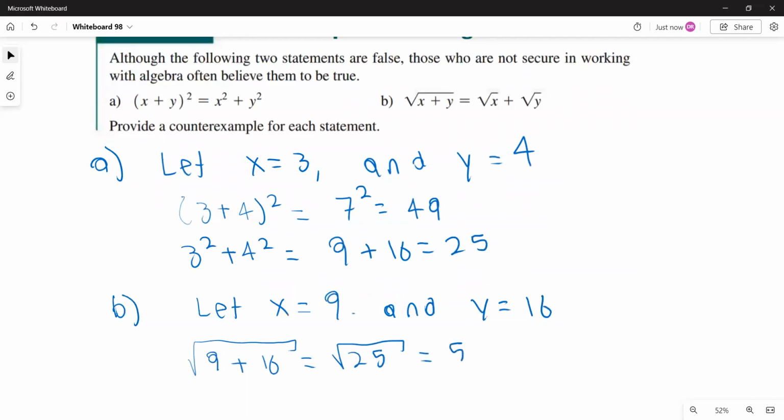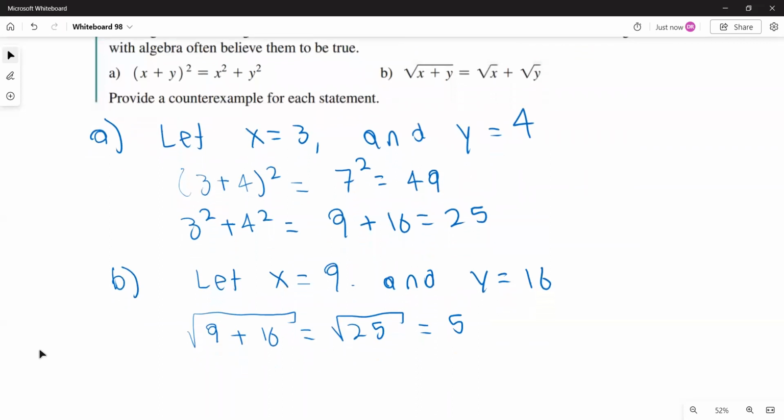Square root of 25 is 5. The right-hand side, that's the square root of 9 plus the square root of 16. And that is 7. So again, we found a counterexample for these two statements.